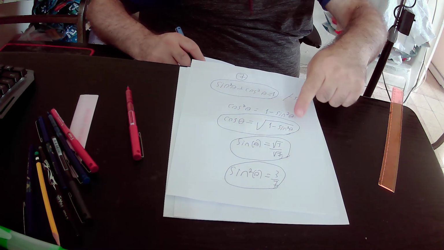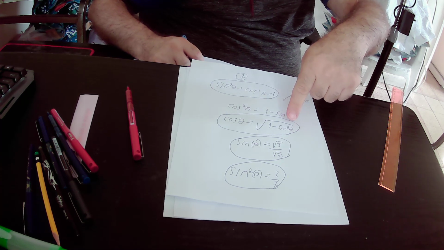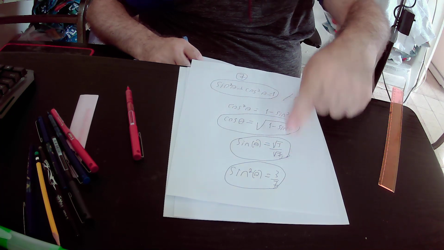So we can substitute sine squared theta from this equality by 3 over 7, because sine squared theta equals 3 over 7.